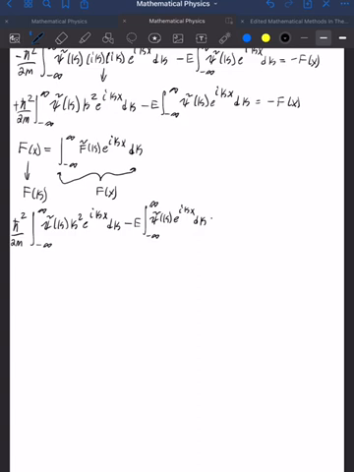And that's equal to minus the integral from negative infinity to infinity of f tilde of k e to the ikx dk.